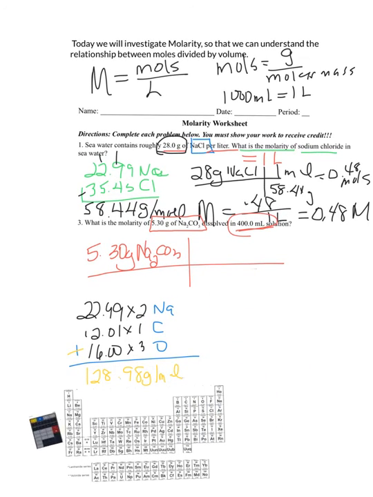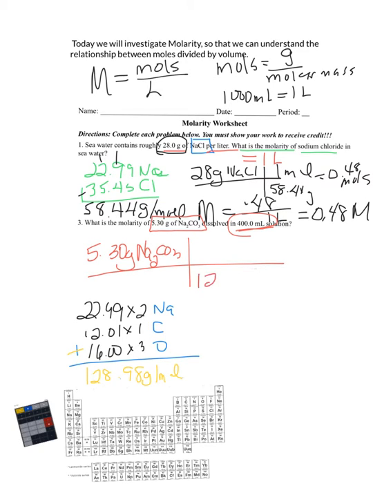Let me get rid of this over here. Okay. So now we know our molar mass. We also know that we're starting off with 5.30 grams of sodium carbonate. In order to make this work, we need to divide the grams that we are given by the molar mass.